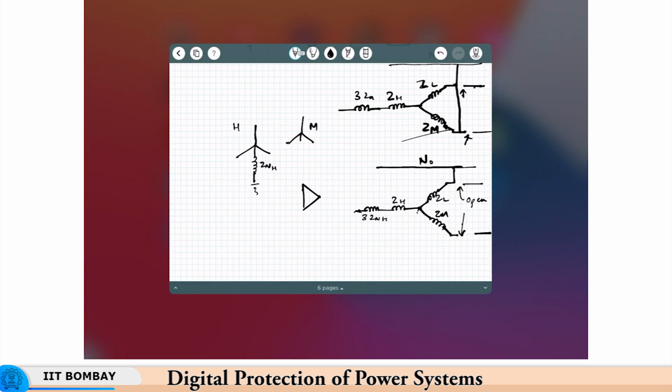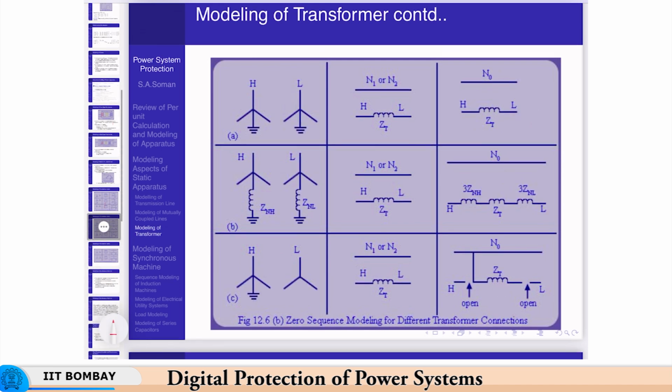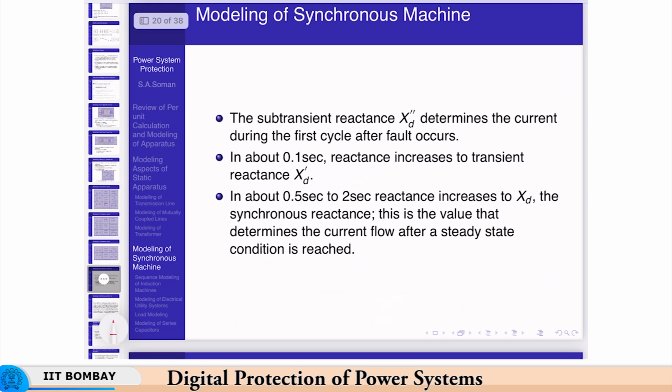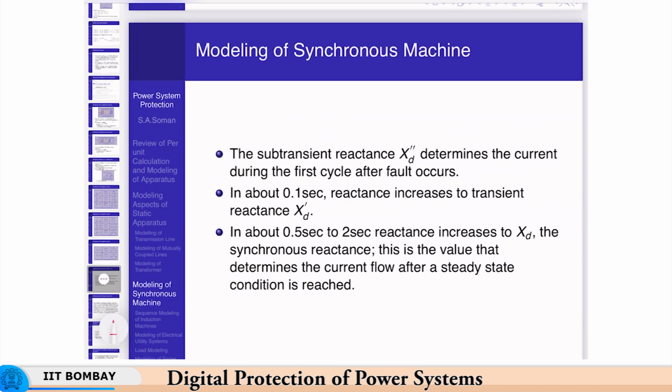So now we will have a look at the zero sequence, and of course the positive and negative sequence, modeling of the synchronous generator. The impedances in the circuit will be determined by the time duration that we are looking at.